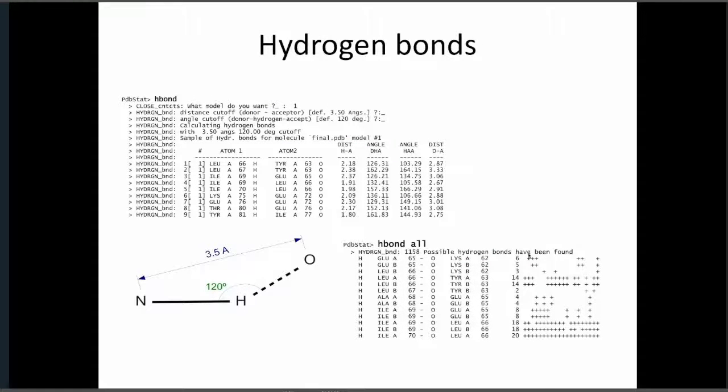Another command that I explained to you is also able to calculate or to estimate the possible hydrogen bonds in a molecule. Here a command: it will do it whenever it has hydrogens, or if it comes from X-ray, it will also estimate the possible hydrogen bonds. Usually the default values that it uses are 3.5 angstrom for the distance between the donor and acceptor, and 120 degrees.